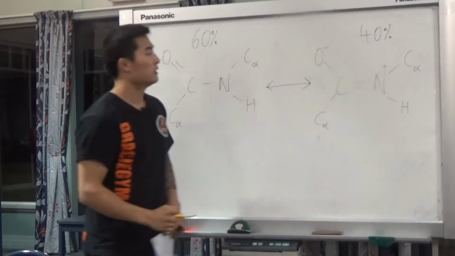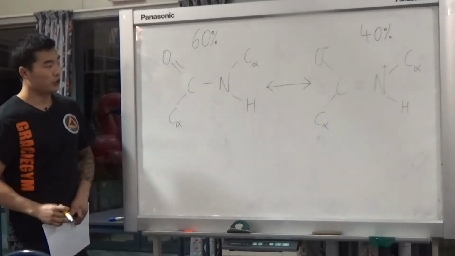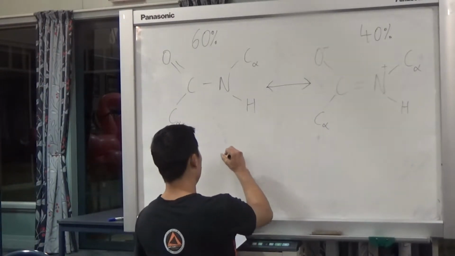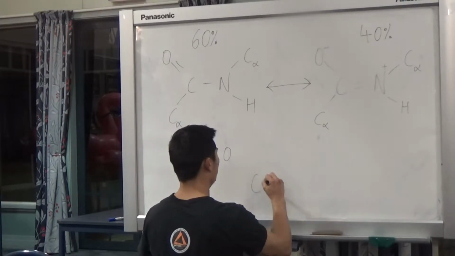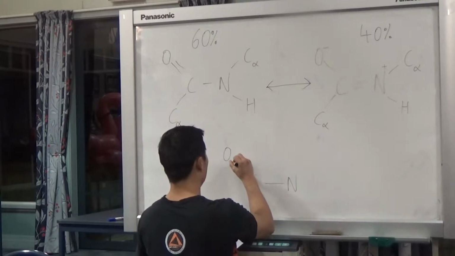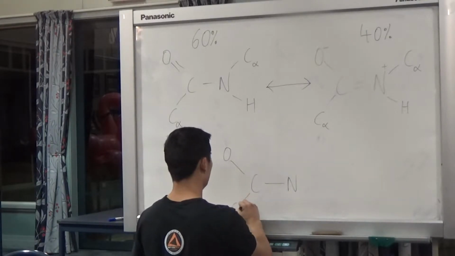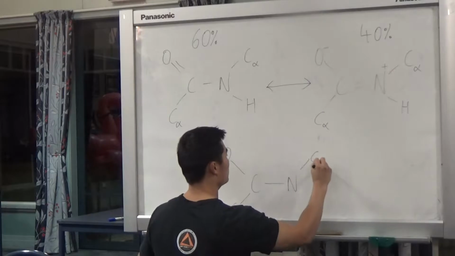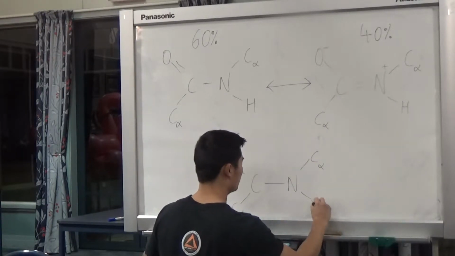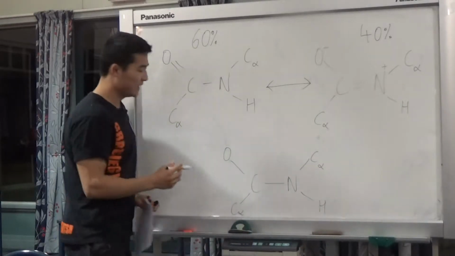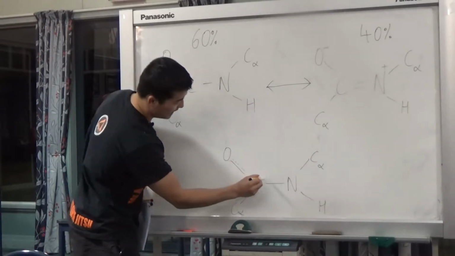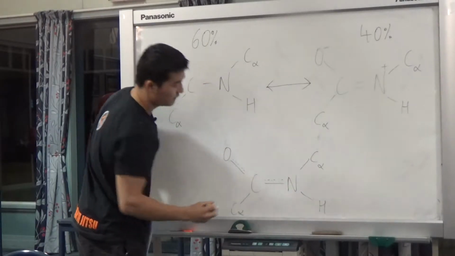Okay, right. So if you put those two together, the average of those is going to be, so in reality, most of the time it's going to be a partial double bond character for both of these.